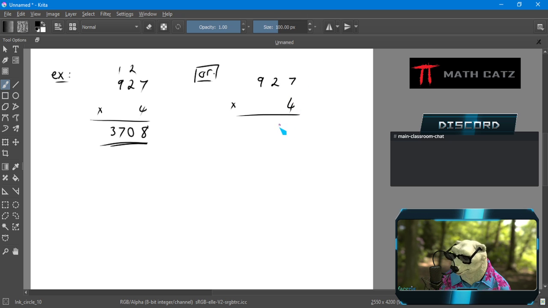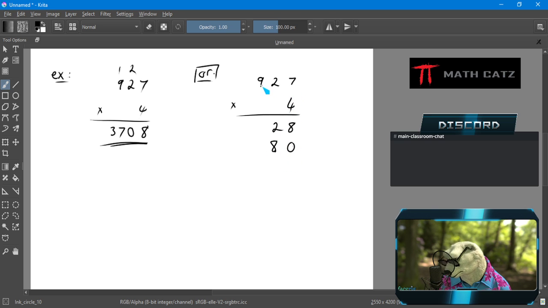So then I say 4 times 7 is 28, and the 20 goes in the tens column. Then I'm going to multiply 4 by 2. It's not really 2, it's 2 tens. So I'm going to get a number of tens. So I'm going to start over here, and I might as well put the 0 there to keep things in line. I do say 4 times 2, but it's really 4 times 2 tens will be 8 tens.